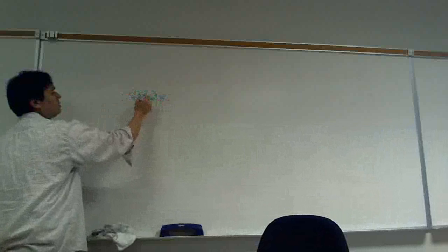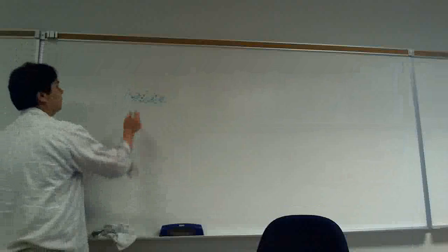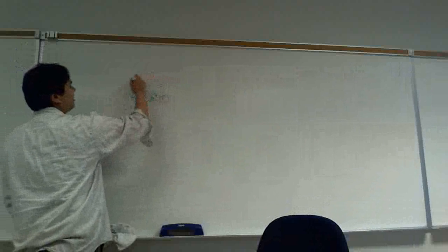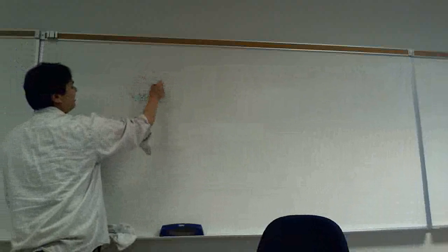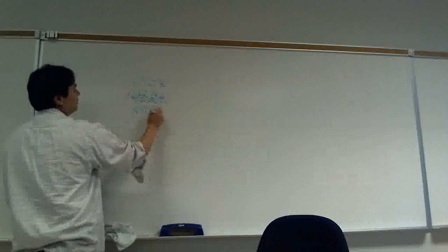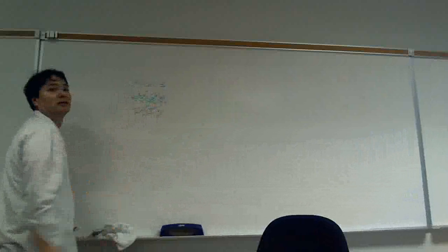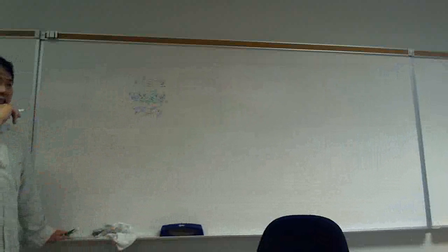This would be called what type of molecular orbital if we had bonding density like that? Well, sigma, just a sigma. If the electron density were up here, is that bonding electron density or anti-bonding electron density? This is bonding electron density.